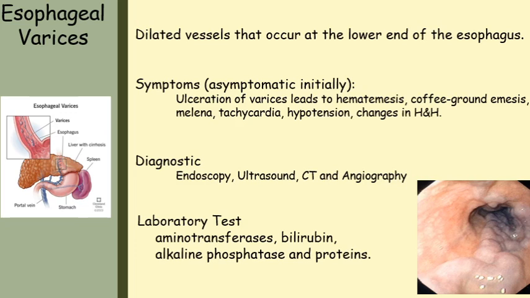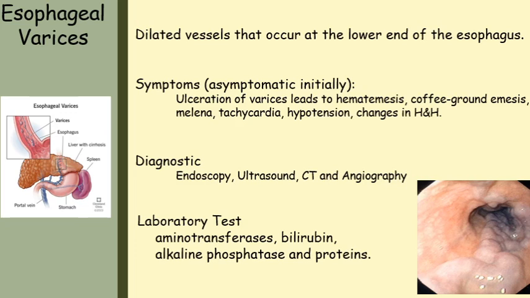Or if they have the melena, that can also be a sign that they have some of these esophageal varices, because if they have hemorrhoids and the rectal ones, then most likely they're going to have the ones that are in the esophagus as well. So diagnostic is endoscopy, so they'll run a scope down and look. They can also do ultrasound, CTs, and angiography.